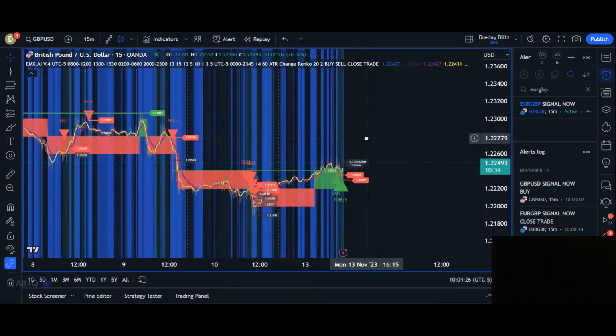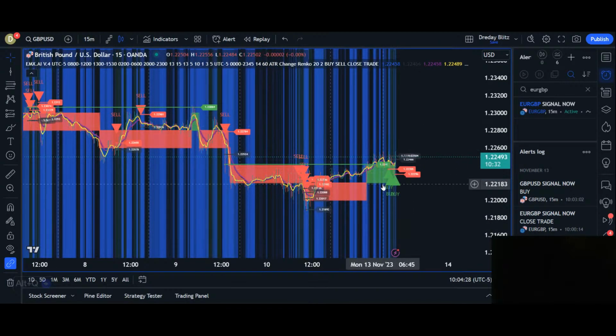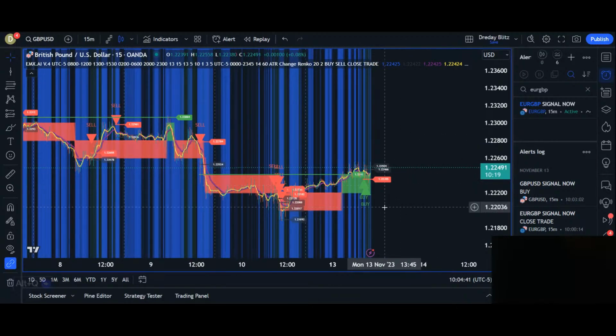Perfect. So we have a buy here. So the switch of the trend was done at 2:15 in the morning, my time. So since then we received two buys.